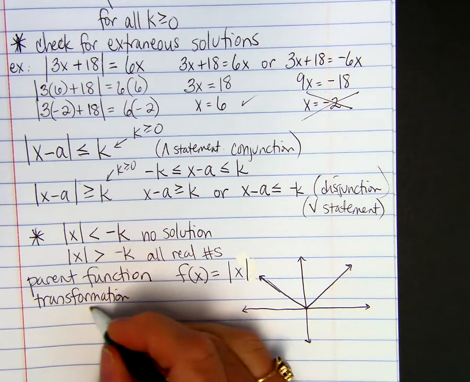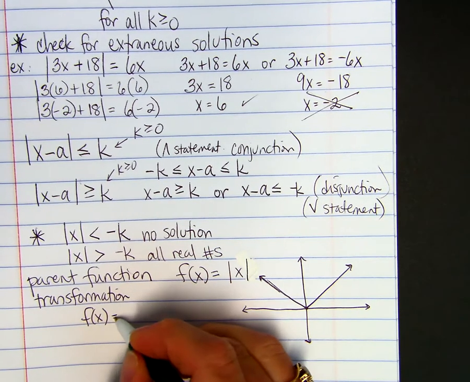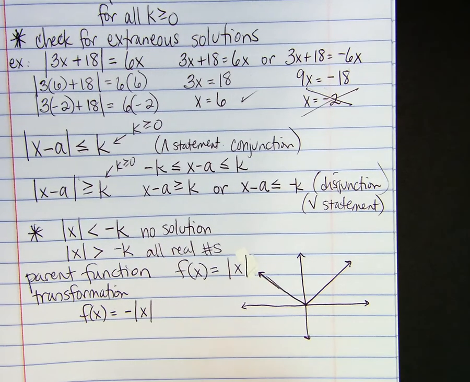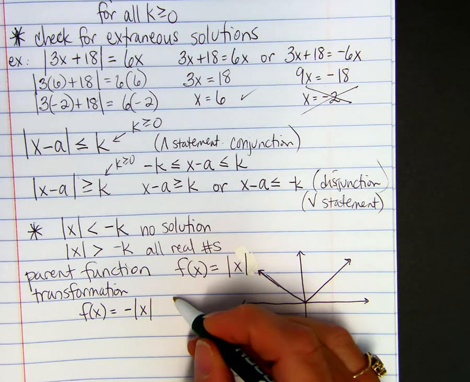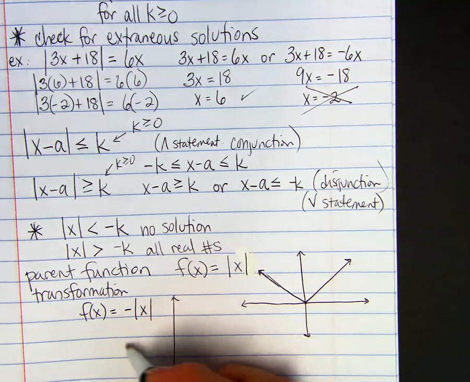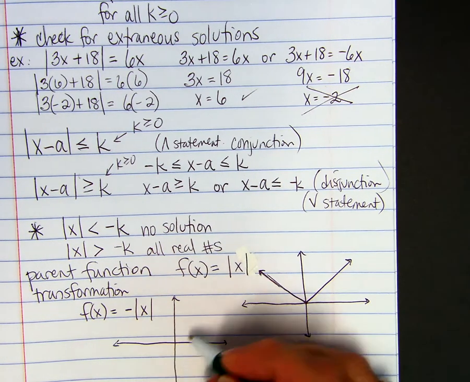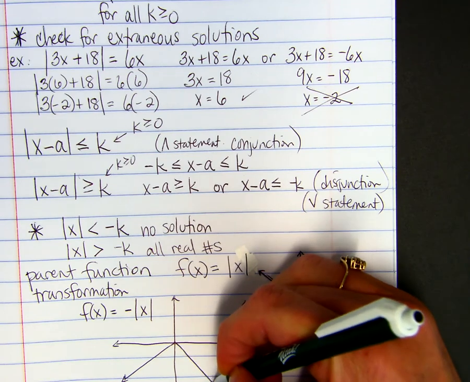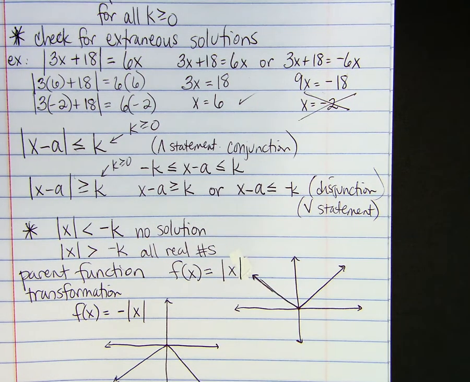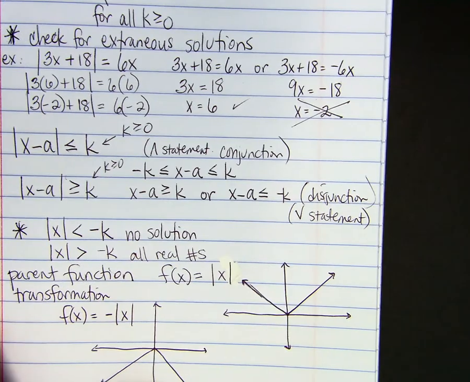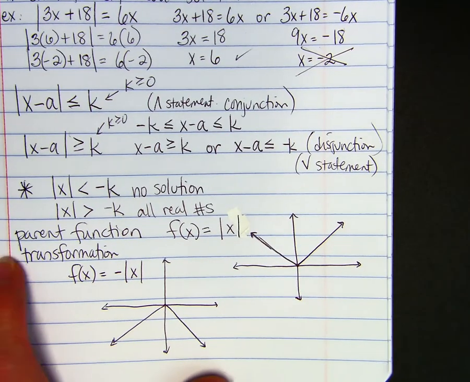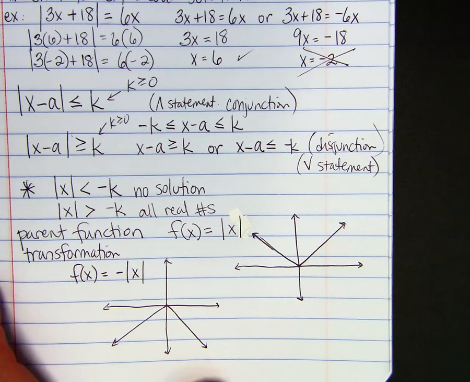If I did a negative absolute value of x, then it reflects in the x-axis. So we just want it negative. Well, I guess that's reflecting on the x-axis. How would you turn it like 90 degrees? It's x equals f of x equals absolute value of y.